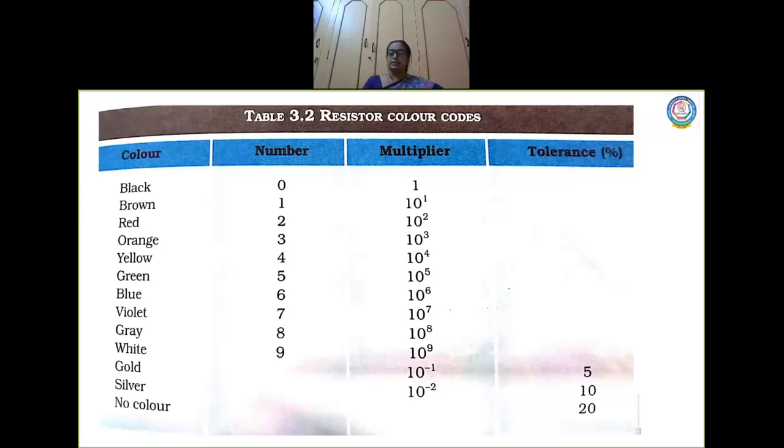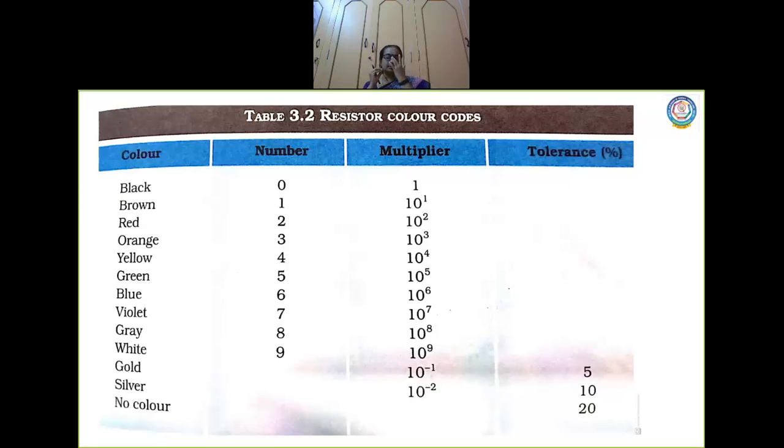Whereas when you consider carbon resistors, the range of these carbon resistors is higher, and these resistors are made up of carbon, which is compact, and they are not very expensive. It is very easy to go for carbon resistors, and they are also small in size.